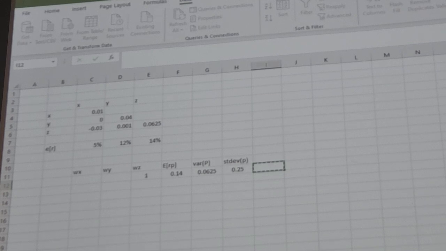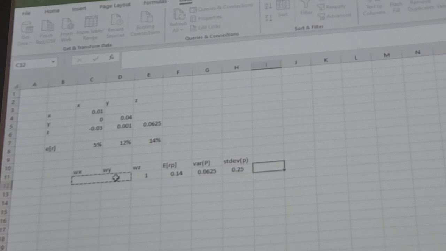It says set the objective. So what are we talking about? What do we want to maximize or minimize? We want to minimize either the variance or standard deviation, right? Either one. The two things are the same. So we want to minimize it, and we want to change what? We are going to manipulate the weights.